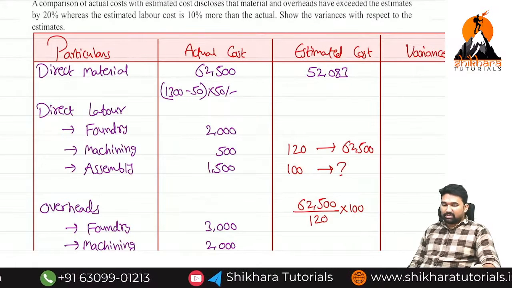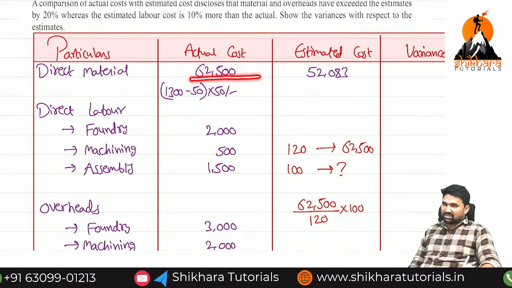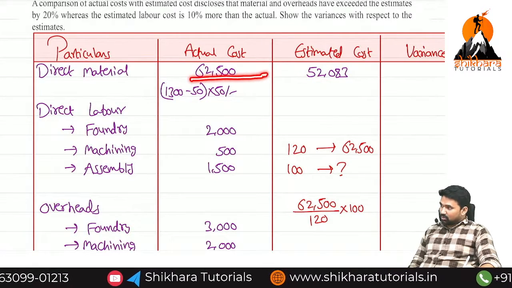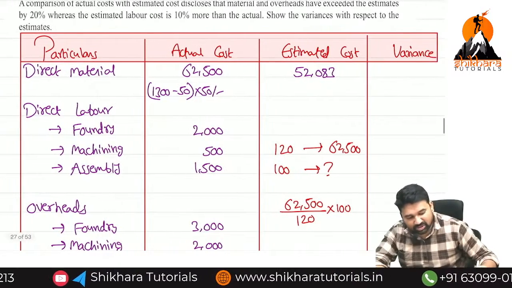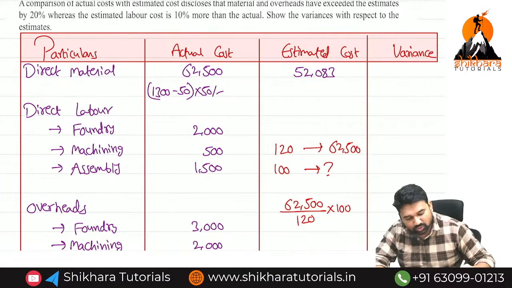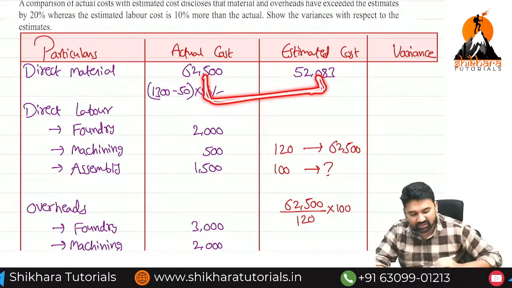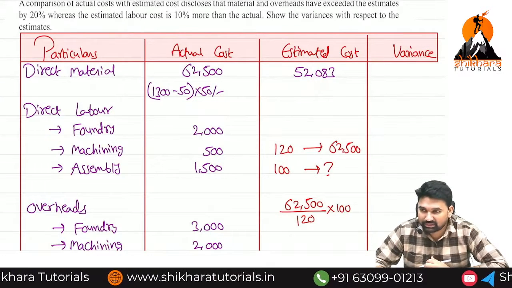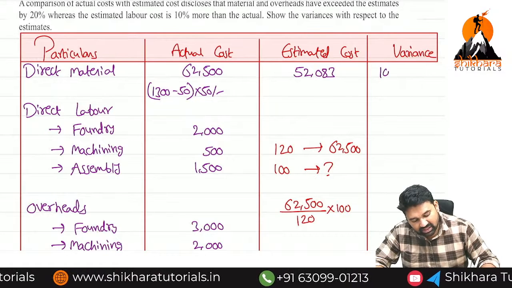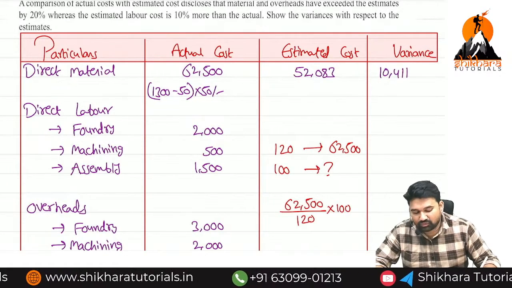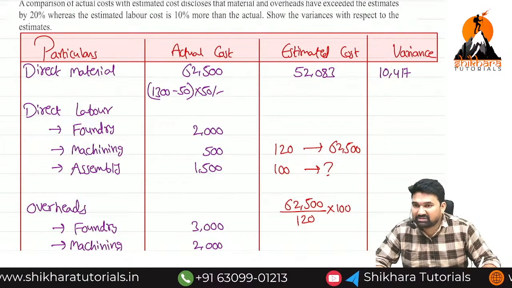Over expenditure, because you planned 52,083 but the actual is 62,500. Then the variance: what is the difference between 62,500 and 52,083? Calculate and tell me. 10,417.